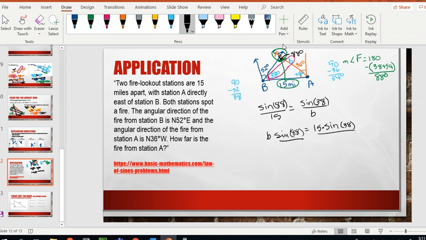Then I'm going to divide by what's attached to B. Well, sine 88 is attached to B. So do unto one side as I do to the other. Then B is equal to 15 times sine of 38 over sine of 88.